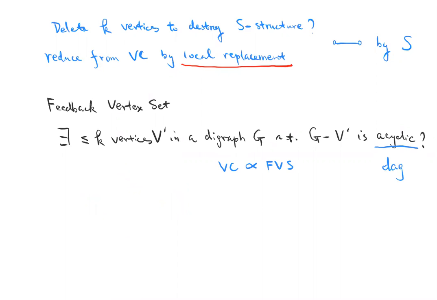Given a graph G and K of vertex cover, we construct a digraph G prime and a number K prime so that this one has a K vertex cover if and only if this one has K prime, a feedback vertex set. And this construction has to be done in polynomial time. Usually this part is also trivial, but sometimes can be very subtle.